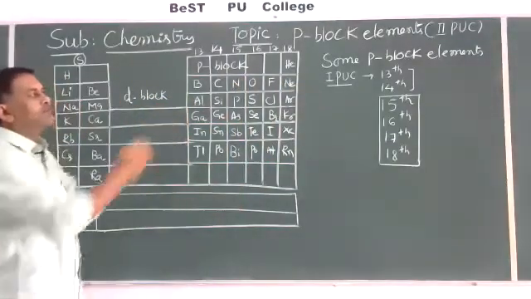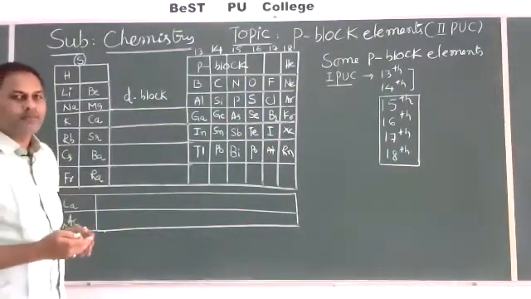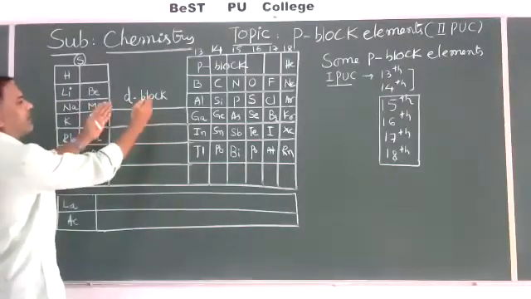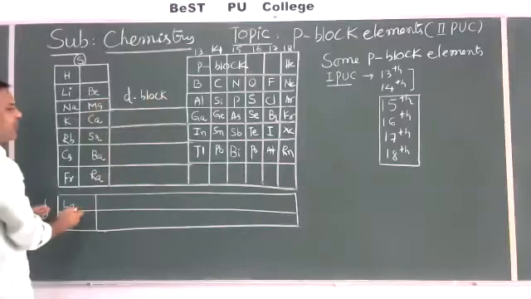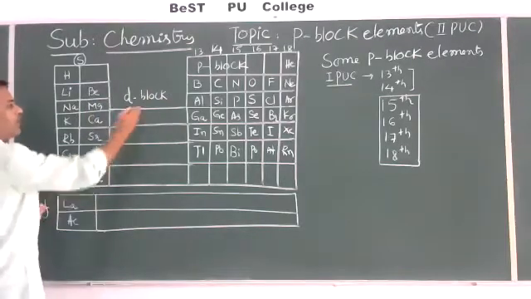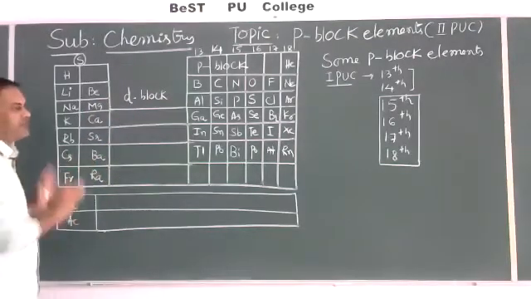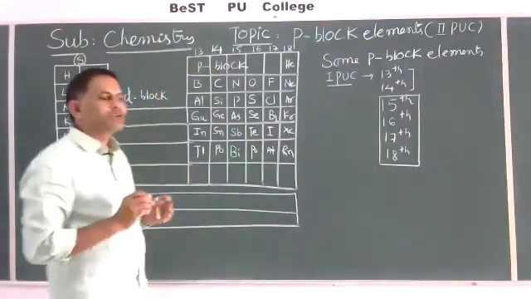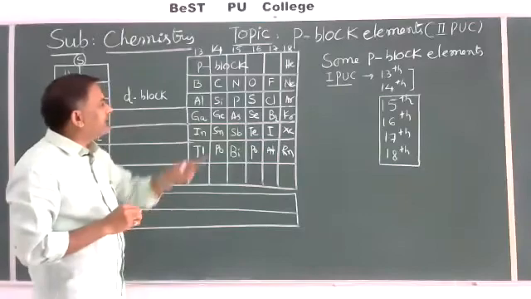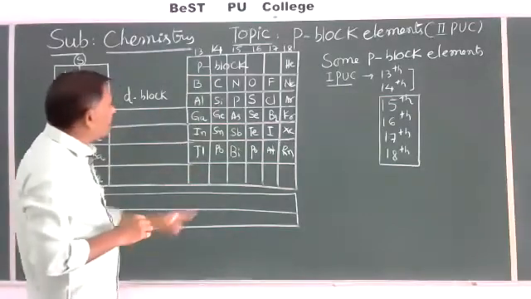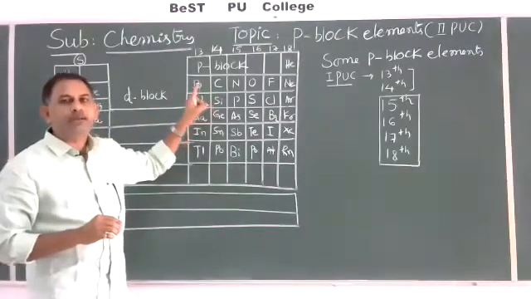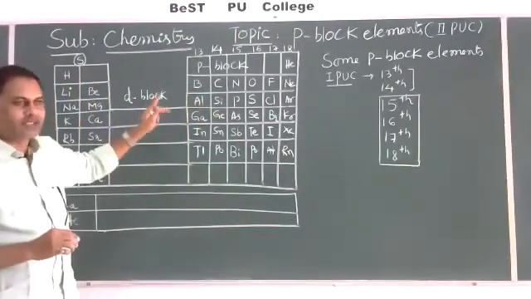Then after P block elements in second year, there is another important unit, that is D and F block elements. After this P block, one more important concept is there. That's why for any objective or competitive examination, better you concentrate on this periodic table, and better you read every day all these elements, positions, atomic numbers, electronic configuration and valency.